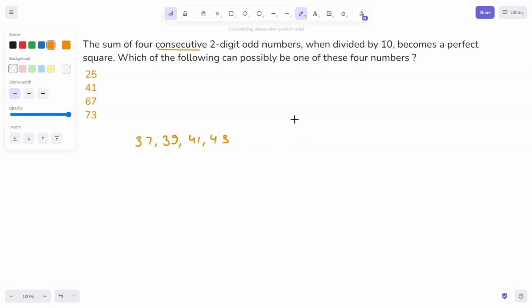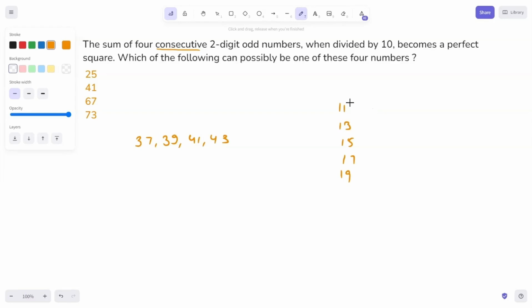Let me clarify one thing. Forget about the question for just a moment. Let's suppose I am taking the 2-digit odd number 11: 11, 13, 15, 17, 19. The sum of such odd numbers is divisible by 10 only if those odd numbers end with 1, 3, 7, 9.